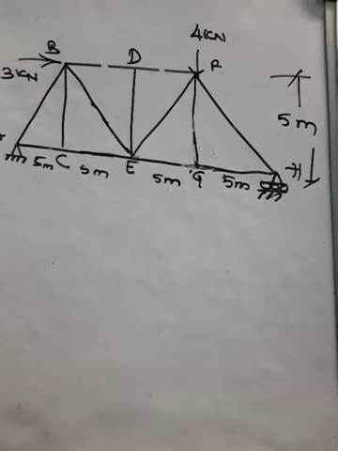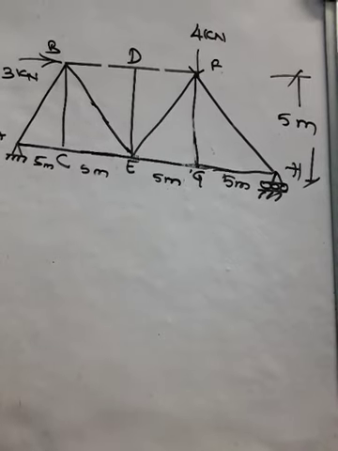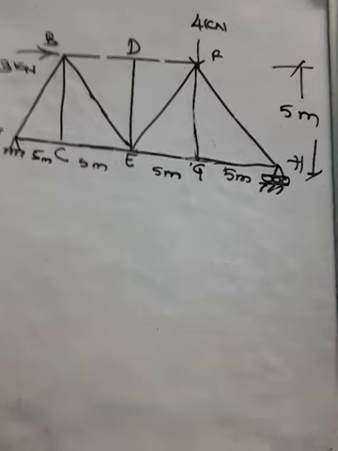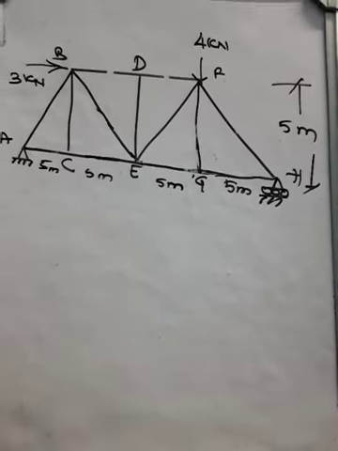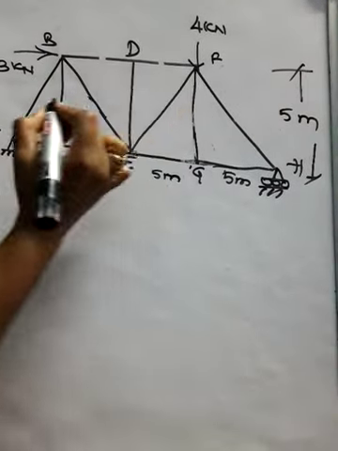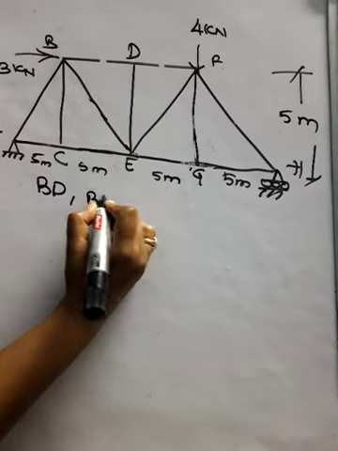Because we have only 3 equations of equilibrium. That's why we consider it in such a way that we get only 3 unknowns.